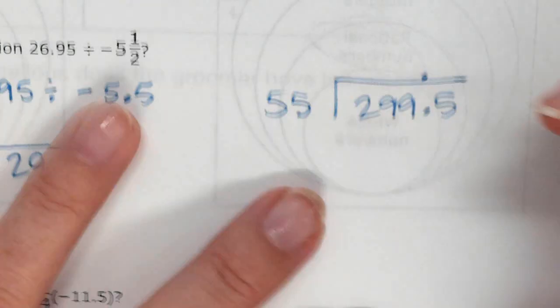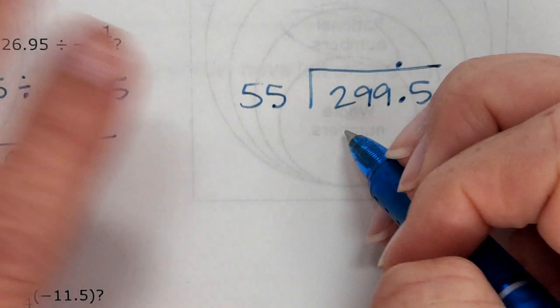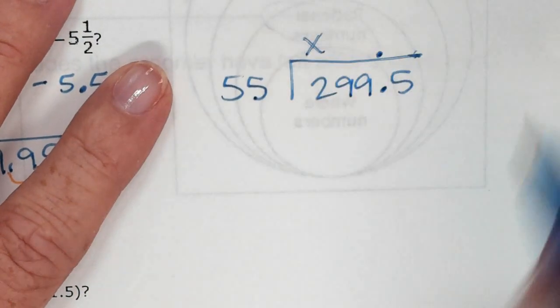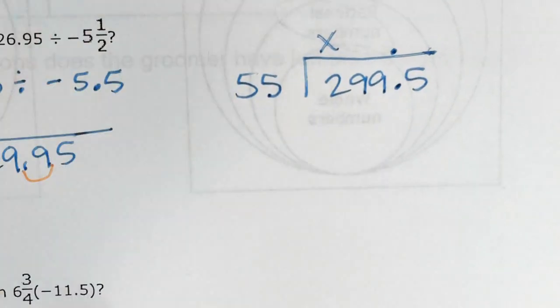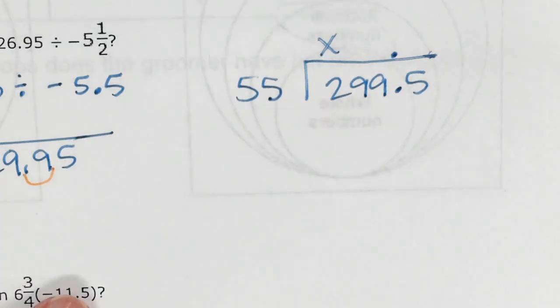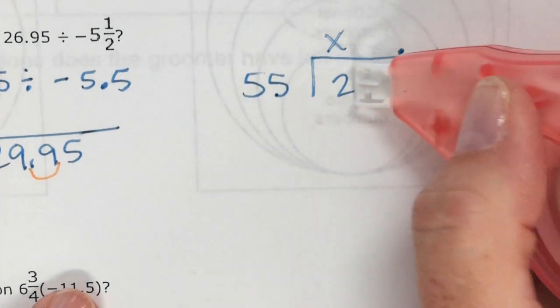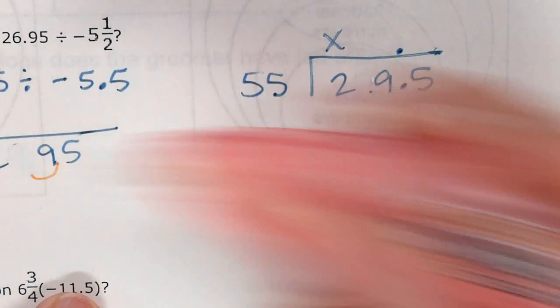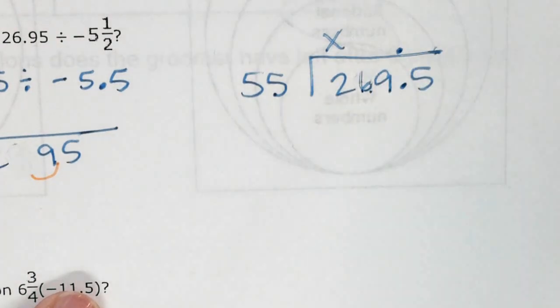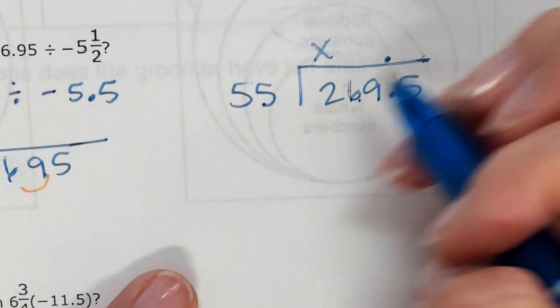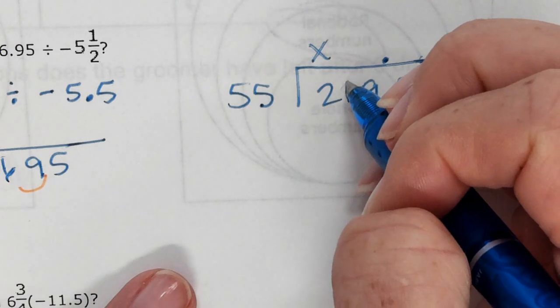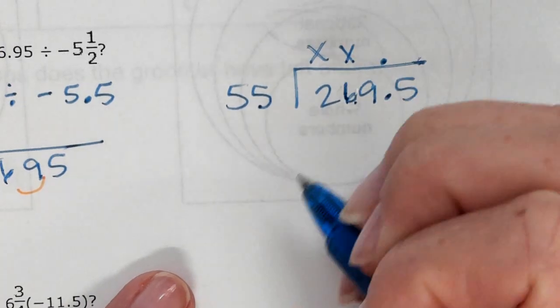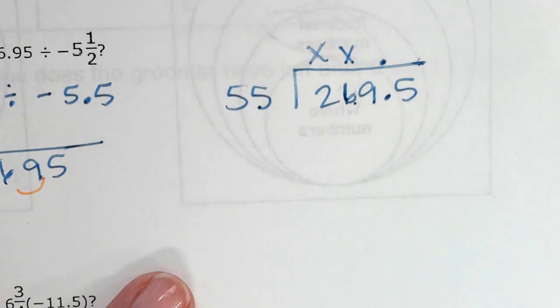Can 55 go into 2? No. I put an X. Okay. Can 55 go into 26? No. Can 55 go into 269?